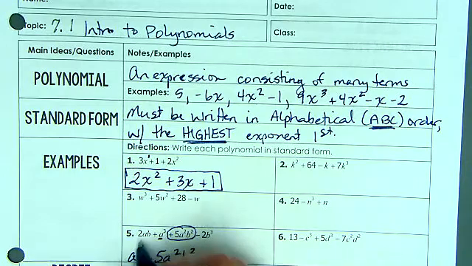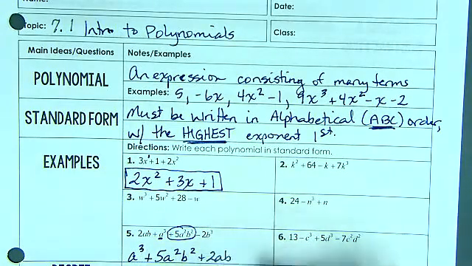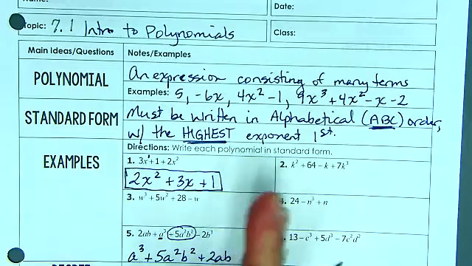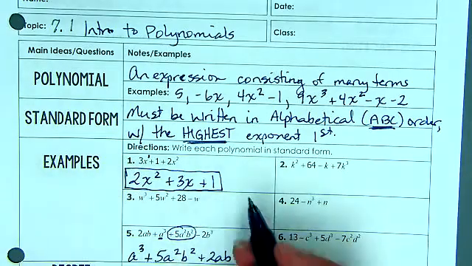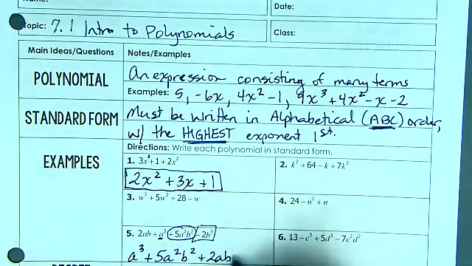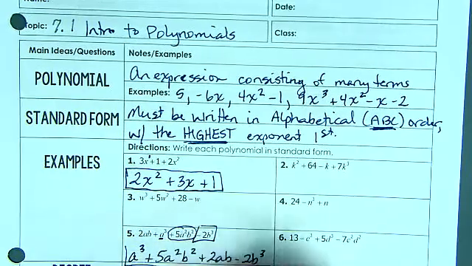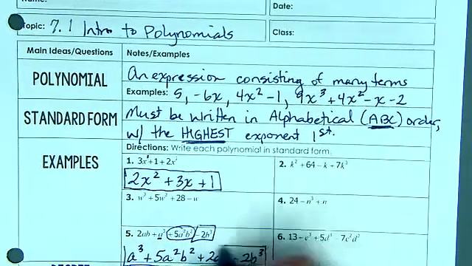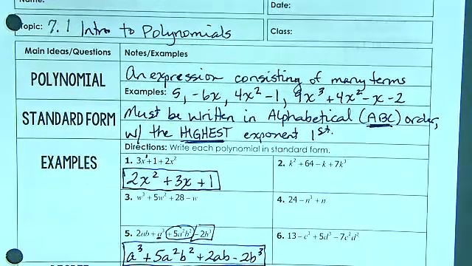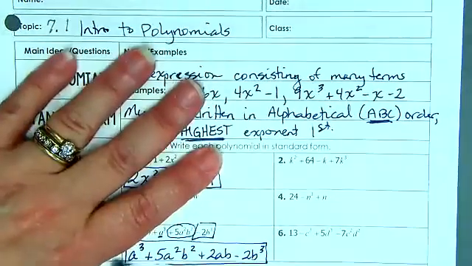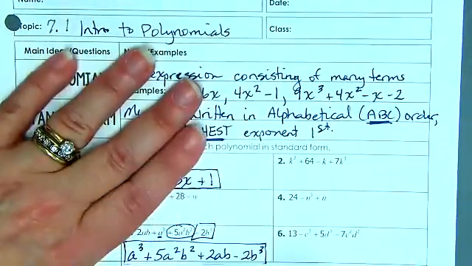Then I'm finding my next A term, which is 2AB, so plus 2AB. And now I've taken care of everything else, so now I look at my B's. The only B I'm looking at is this last term here, and that's a negative, because it says minus 2B, that's negative 2B to the third power. And there is the final standard form.